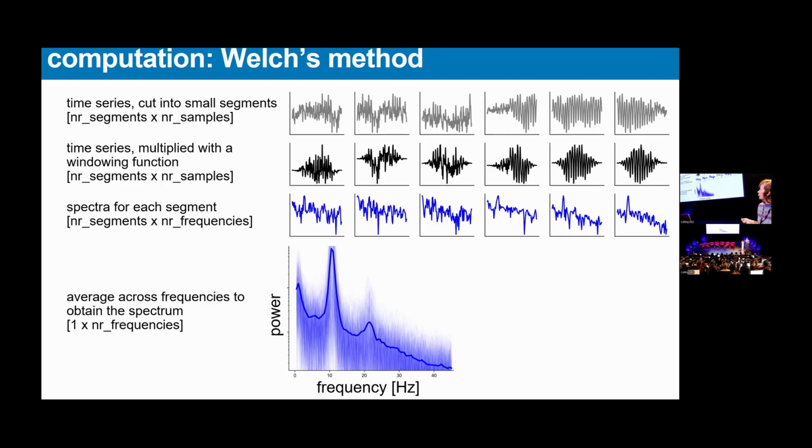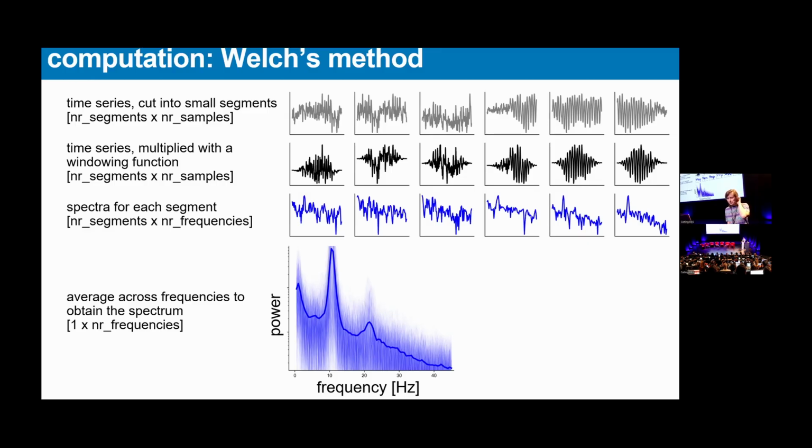Very simple. You take your EEG or MEG data and snip it into little segments: segment 1, segment 2, segment 3, and so on. You multiply it with a windowing function, a taper, which modifies the data a little bit so that the edges are different.